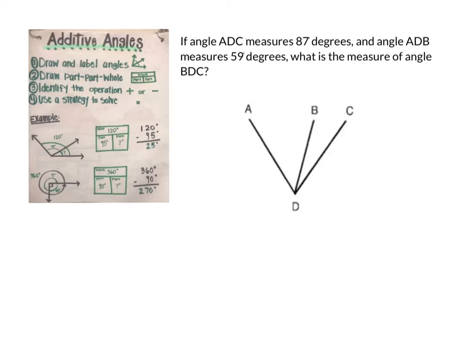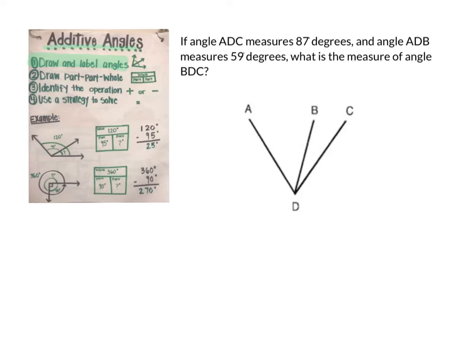If angle ADC measures 87 degrees and angle ADB measures 59 degrees, what is the measure of angle BDC? So we're going to use our anchor chart to help us solve. Step 1. Step 1 tells me to draw and label my angles.